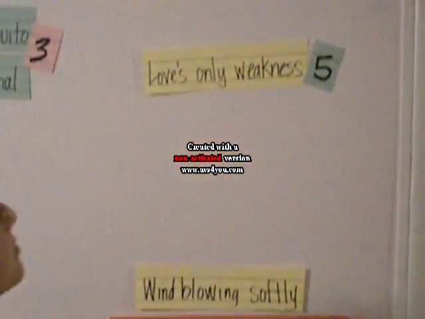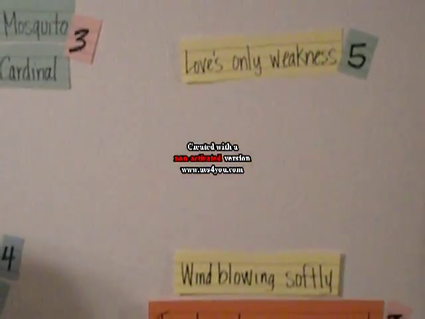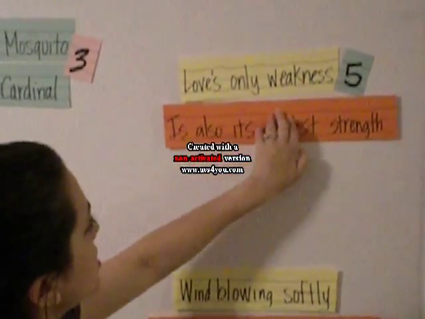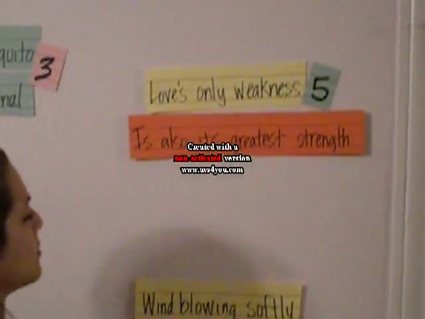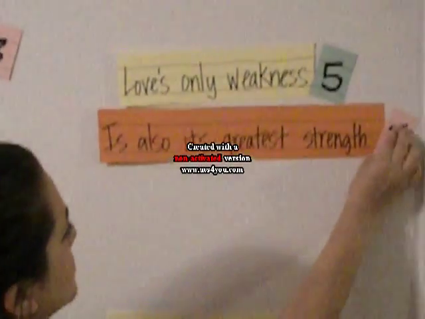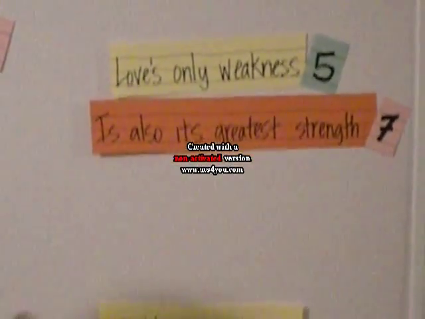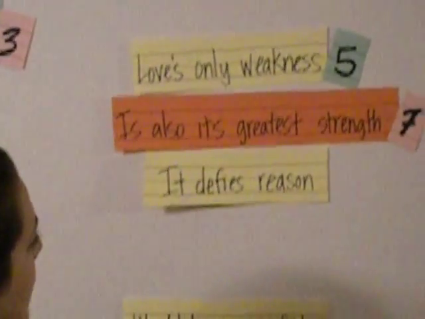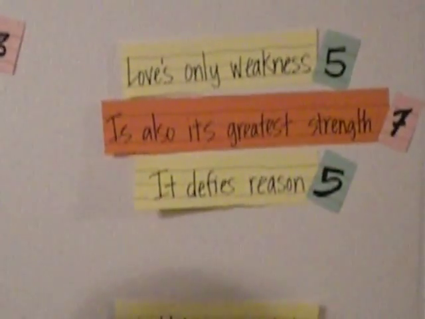If you look, that has 5 syllables. So that meets the first line requirement. Second, is also its greatest strength. That has 7. And last, it defies reason. That line has 5 syllables.